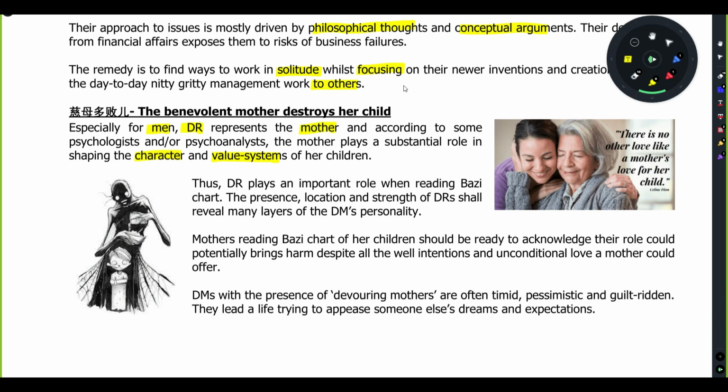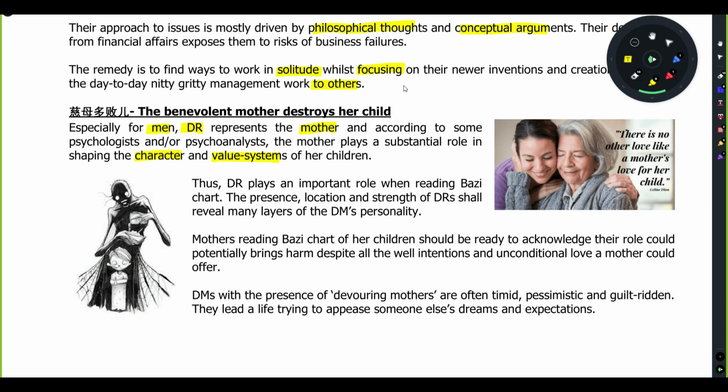And then this will be the mother-in-law problem, isn't it? Women may have this issue with the mother-in-law. Therefore, this will be the benevolent mother destroying. So that is where the presence, location, and strength of the direct resource can reveal many layers that shape the person's personality.